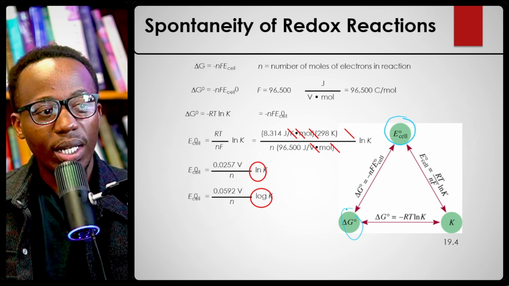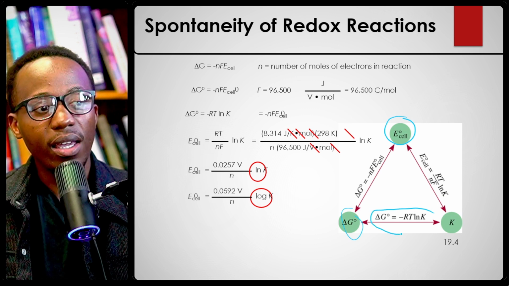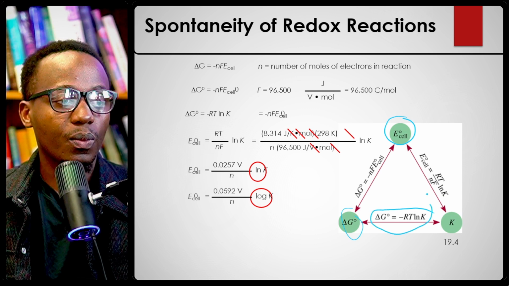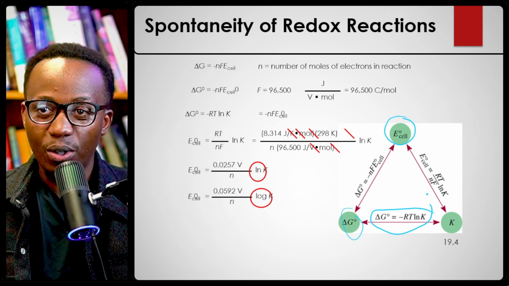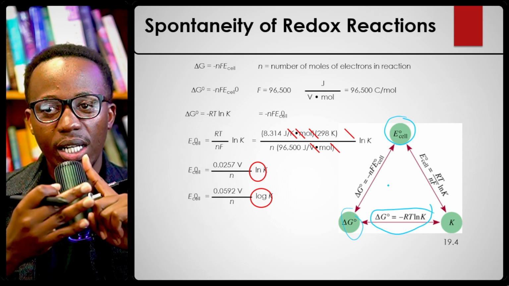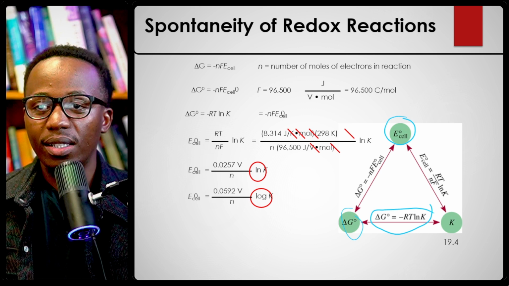And then guess what? After you got delta G and the potential, you can actually find K, which is the equilibrium constant of our reaction. So you can find the potential, the energy, and the equilibrium constant by just measuring or calculating the potential.